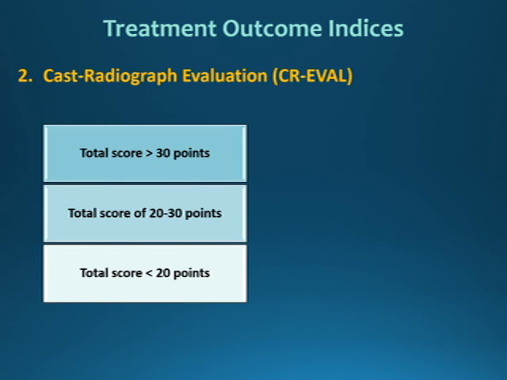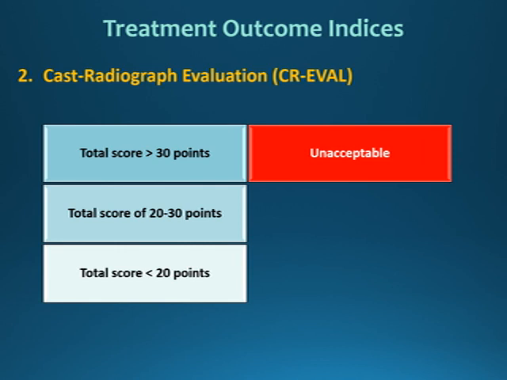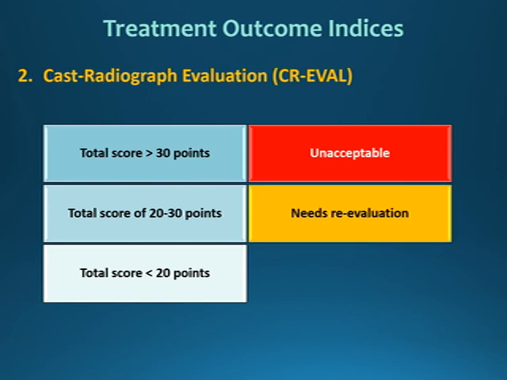If the total score was greater than 30 points, that means the treatment was unacceptable, because we still have scores from these 8 components that increase the total amount of score. If the total score is between 20 and 30 points, the treatment needs re-evaluation or it can be considered as incomplete treatment. If the total score was less than 20 points, that means we have a satisfactory treatment.